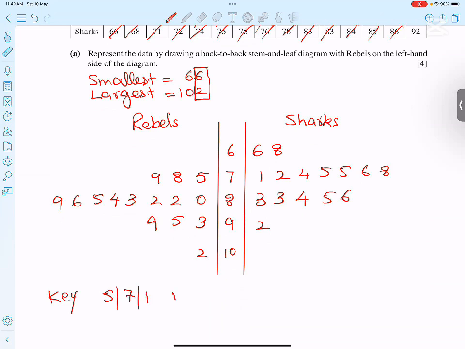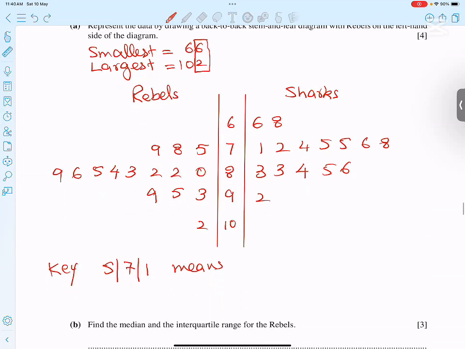So how do we deal with that? This is called 75 kilograms for the Rebels.